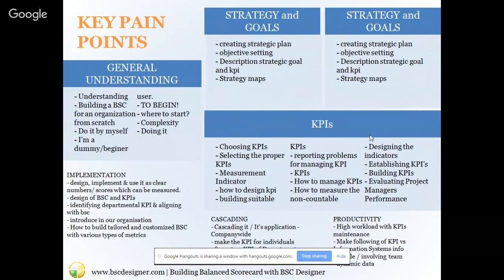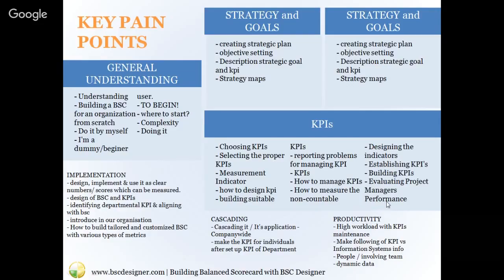Then a big sector, as you can see on this slide, is about KPIs: how to choose proper KPIs, how to measure things that are not really measurable, how to combine those KPIs into the system. All this needs to be answered, and that's where this webinar can help.